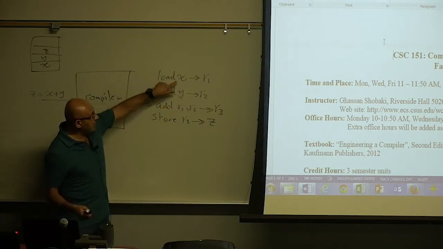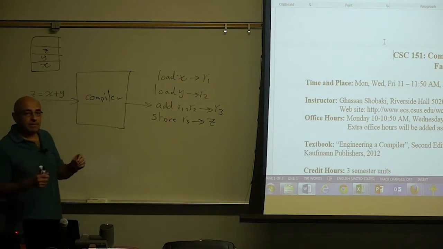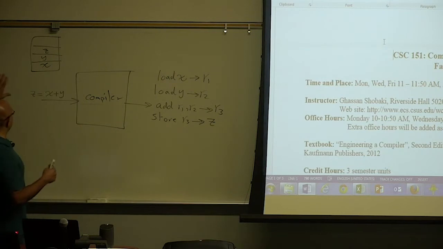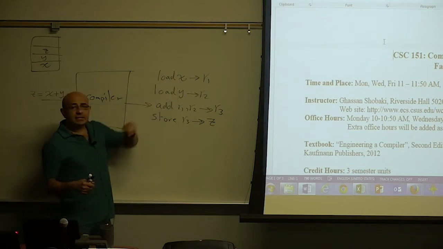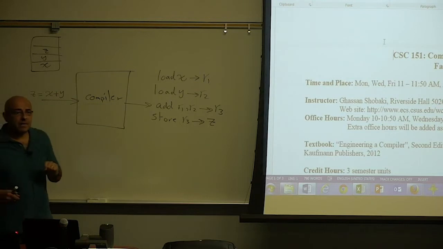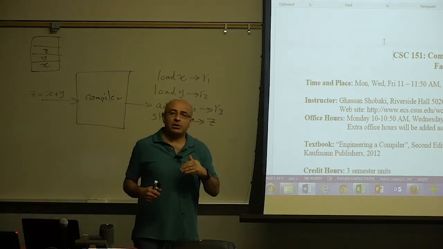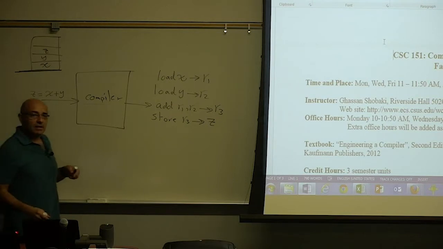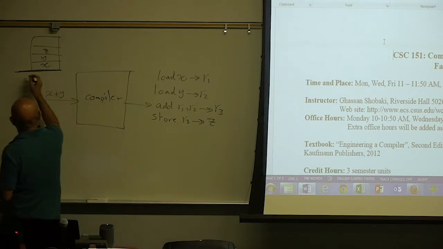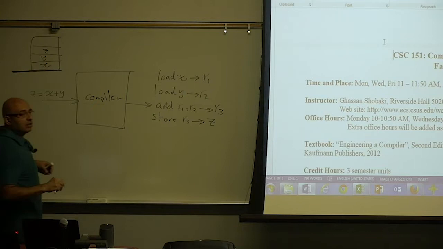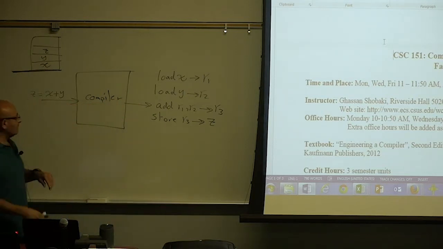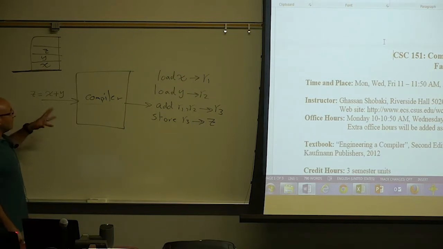More precisely, if they are local variables on the stack, this X will be replaced by the offset for that particular variable relative to the starting address for that particular function, which is what we call the activation record pointer, a pointer to the activation record of the function that we are currently compiling. Anyway, we're not going to get into any of these details today, but this is what a compiler does.